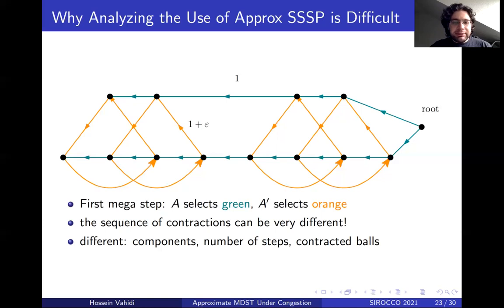So the bottom line is that relating these costs between the approximate run and the exact run is not clear and very difficult, in fact.